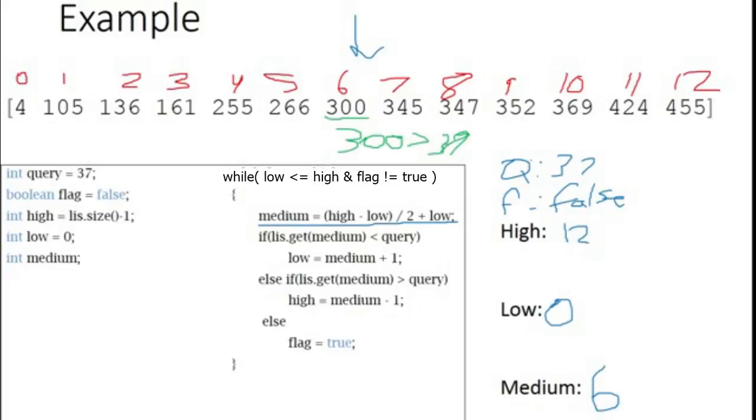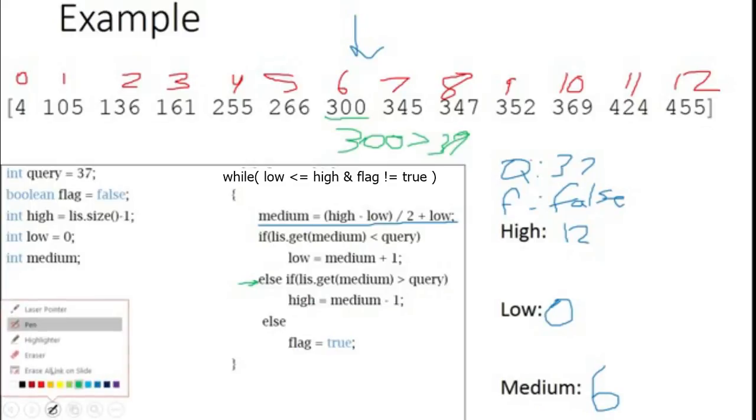That's what that number is right there. So we would say that list.get at medium is greater than query. In that case, we set high equal to medium minus 1. So I'm going to go ahead and do that.